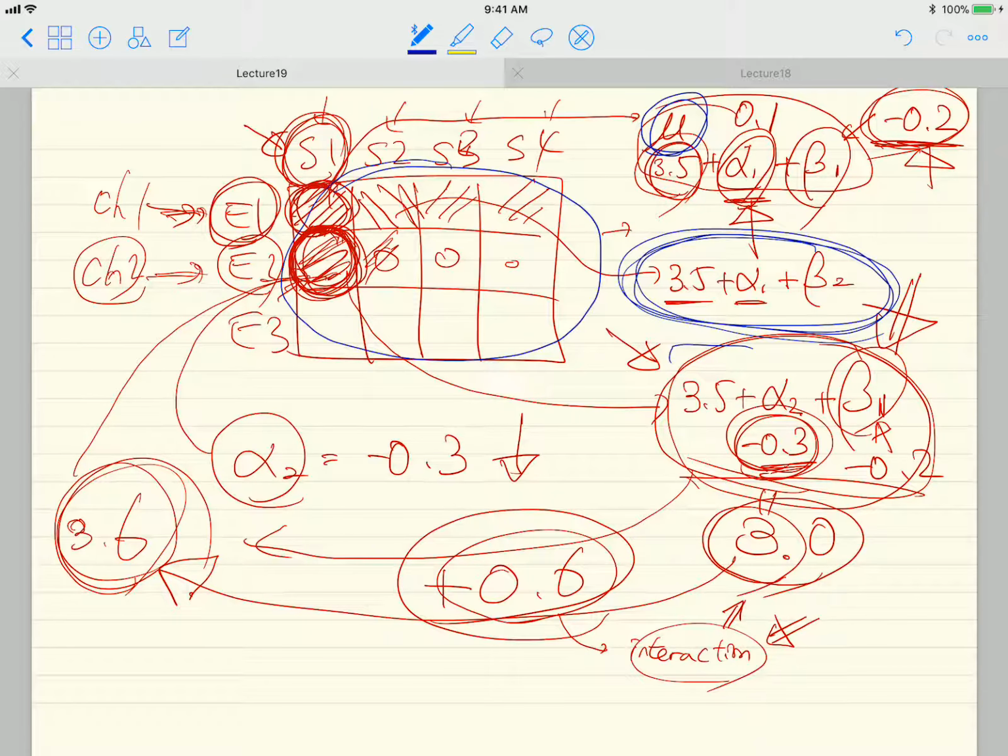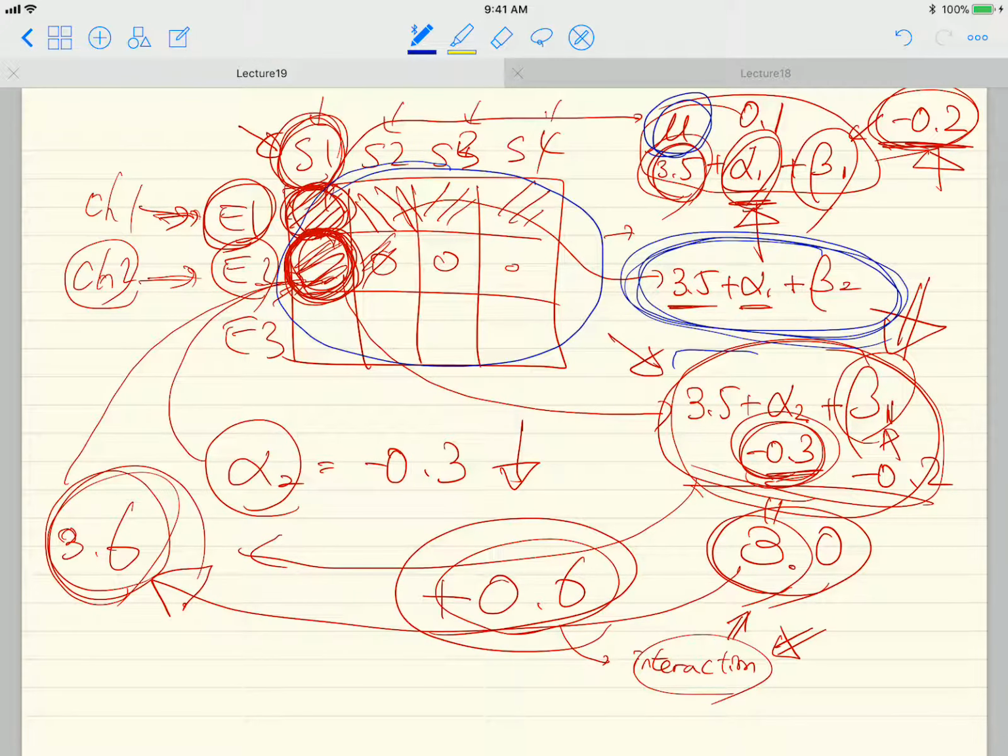In that case, we will have alpha 1, alpha 2, and alpha 3, and the summation of alpha i's should be 0, because we set our mu value as the global mean value.